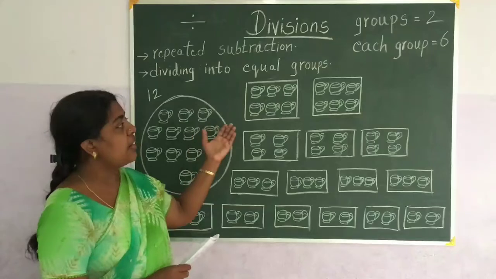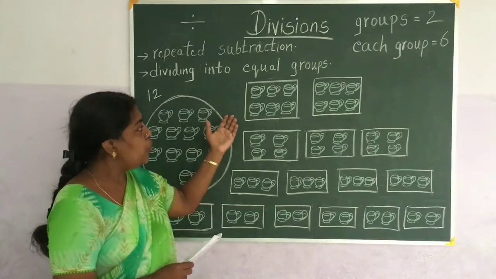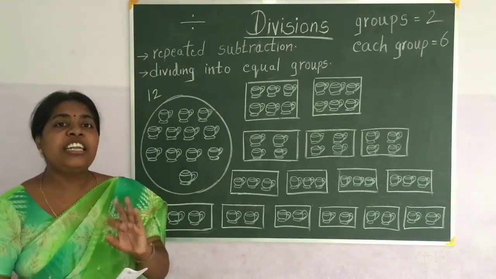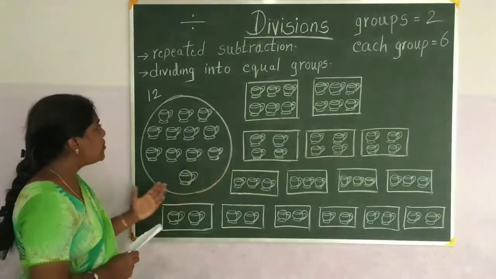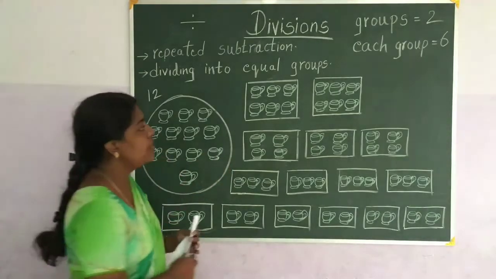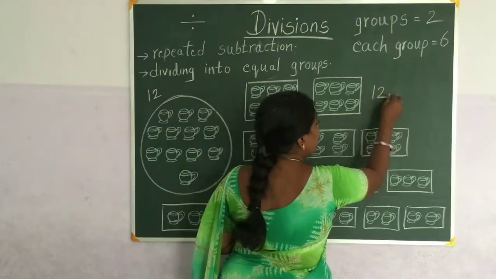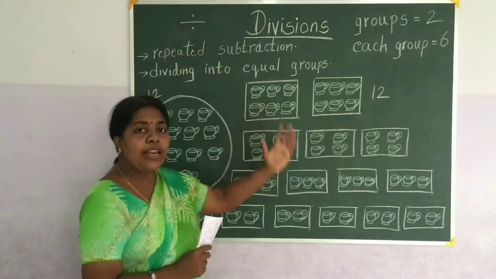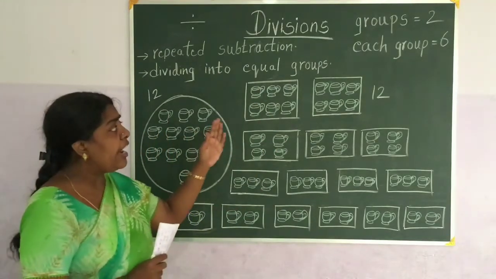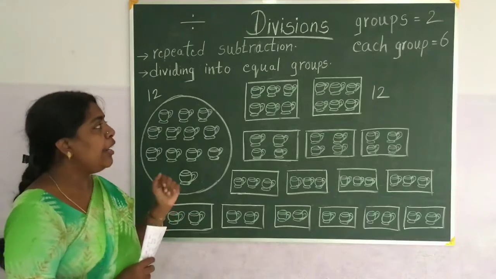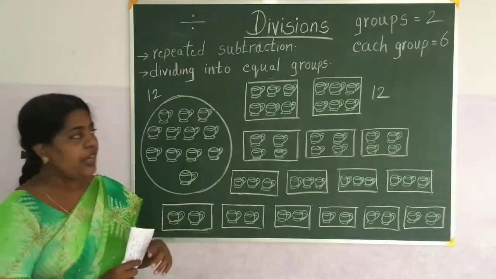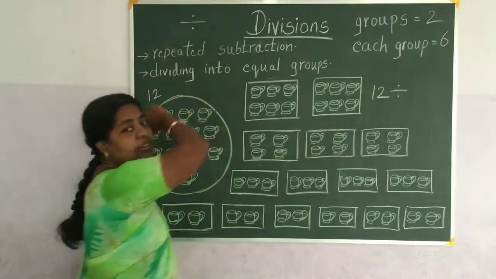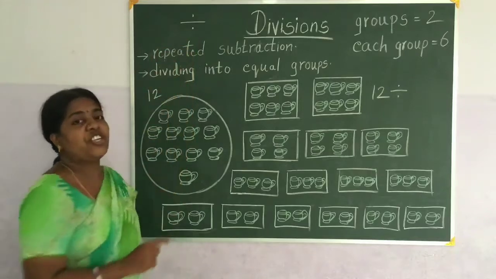Now let us show this in the form of division. How many cups are here? 12. So the total cups are 12. What I did, the 12 cups I divided equally into two groups. What is the symbol for division? This is the symbol for division.